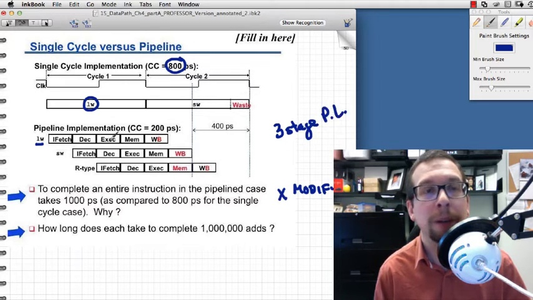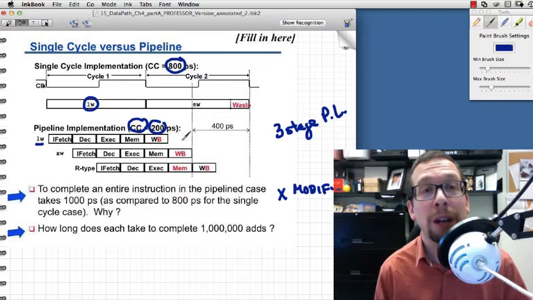So a 3-stage pipeline, and any of the instructions like this decode right here and the write to register at the end has to be stretched out from 100 picoseconds to the maximum cycle of 200 in order for everything to line up properly. So that means that for your load word, it now goes from 800 picoseconds to 2 plus 2 plus 2 plus 2 plus 2.